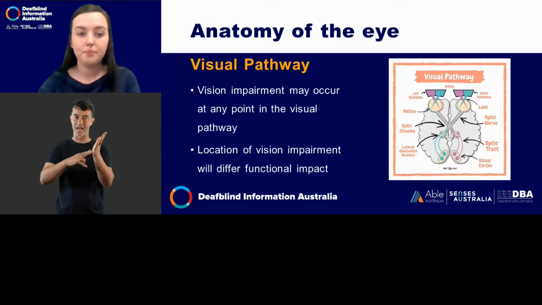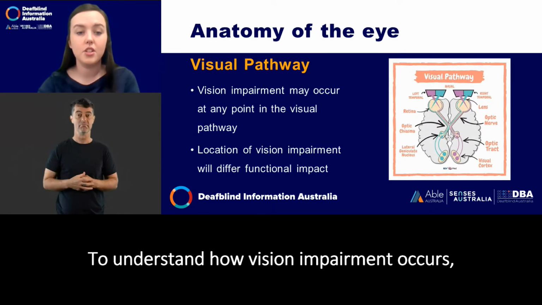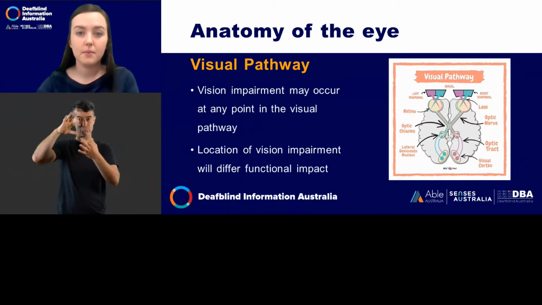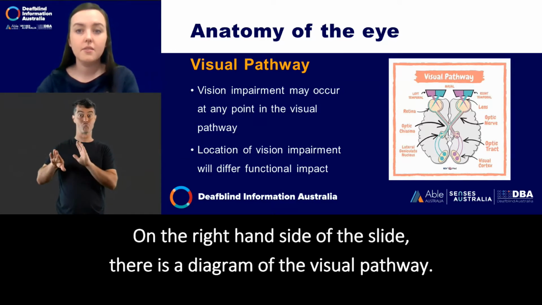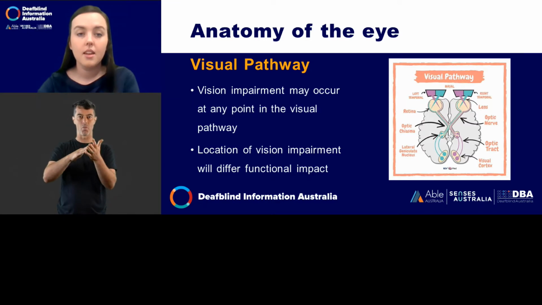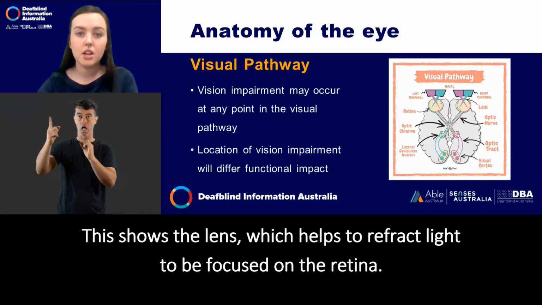Anatomy of the eye. To understand how vision impairment occurs, it is important to first understand how the visual pathway typically works. On the right-hand side of the slide, there is a diagram of the visual pathway. This shows the lens, which helps to refract light to be focused on the retina.